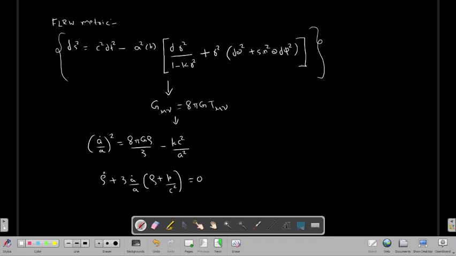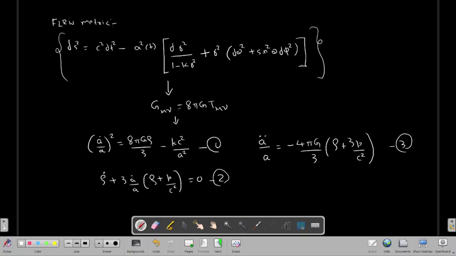This is equation number 1, this is equation number 2, and the last equation will be a double dot, where dot corresponds to the time derivative, so this is the double time derivative, and it is equal to minus 4 pi G by 3 times rho plus 3p by c squared. This is equation number 3.